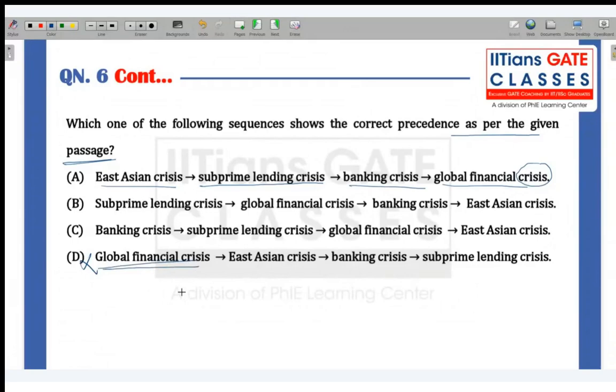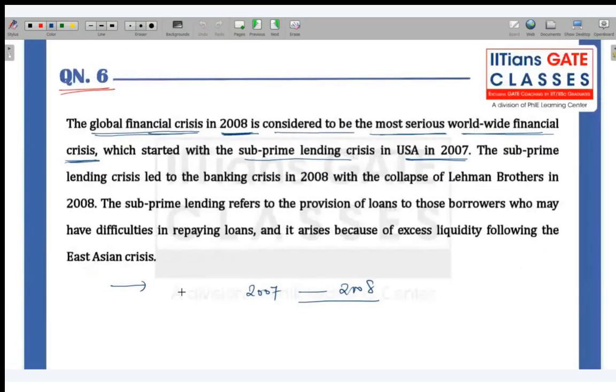Now, second. Let us read further. The subprime lending crisis led to banking crisis in 2008, with the collapse of Lehman Brothers. You have to see the time of events, like past and future. Subprime lending refers to the provision of loans to borrowers who may have difficulty in repaying them, and it arises because of the excess liquidity following the East Asian crisis.